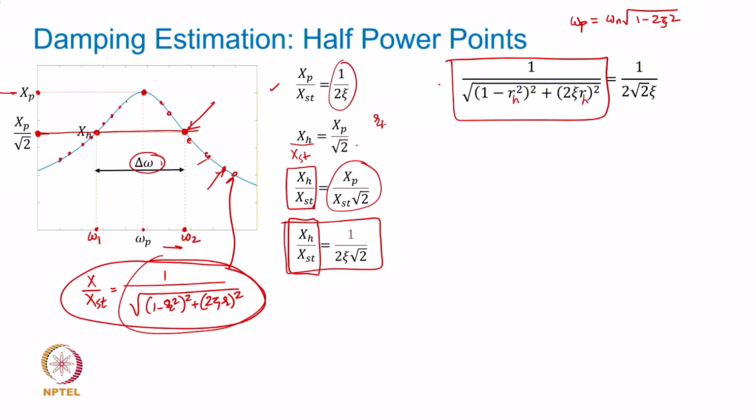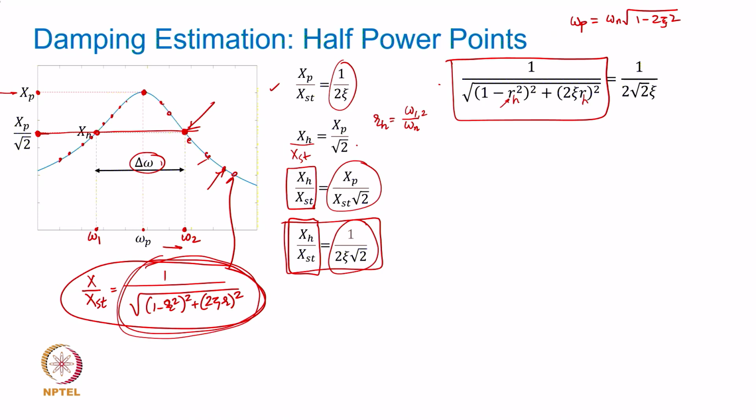What is rh? rh is going to be the frequency ratio either omega 1 by omega n or omega 2 by omega n. Both of these two ratios should fulfill this equation. Now, the job is to find the expression for r square by equating the two. Why? Because this ratio xh upon xst is both given by this expression and also by this expression going by our definition of the half power point.